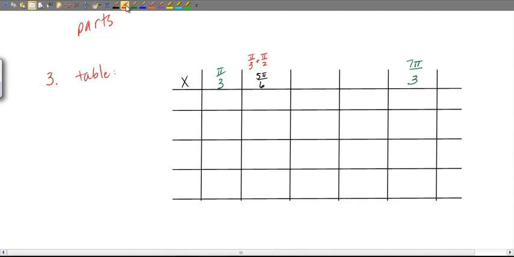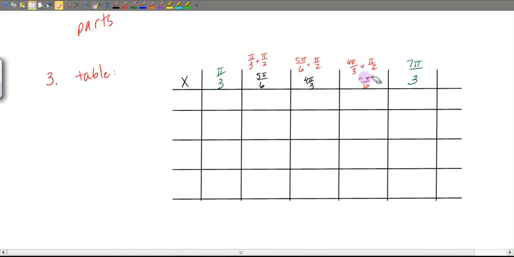We're going to come back and take 5 pi over 6 and add pi over 2. You end up with 4 pi over 3. And then finally we take 4 pi over 3, add pi over 2, and we end up with 11 pi over 6.